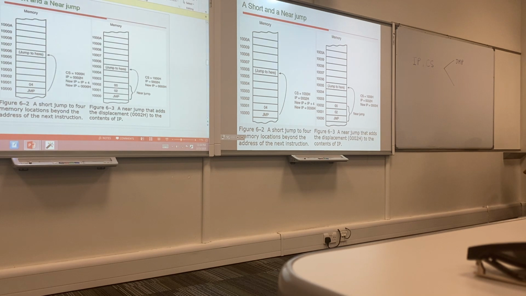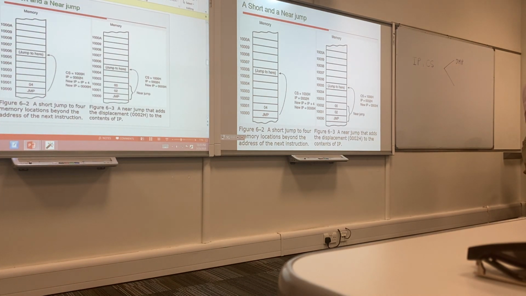Okay, so the first point is the size of the memory, right? How much it can go. Short is 256 locations, right? So if I say 256 addresses, which will be 2 to the power 8, so 8 bits, which means a byte. The displacement will be a byte. Okay? If I am saying near, this means 64K locations, which is the size of the segment.